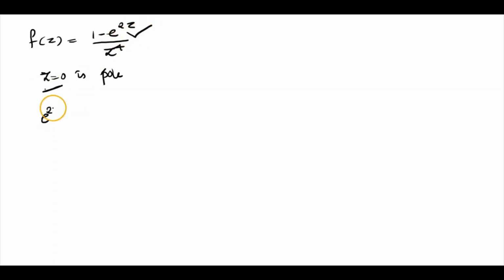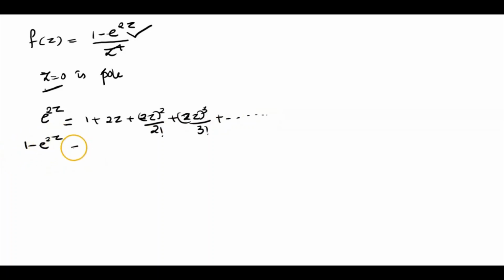The series expansion of e raised to 2z is 1 plus 2z plus (2z) all square divided by 2 factorial plus (2z) all cube divided by 3 factorial plus etc. And 1 minus e raised to 2z is minus 2z minus (2z) all square divided by 2 factorial minus (2z) all cube divided by 3 factorial minus etc.